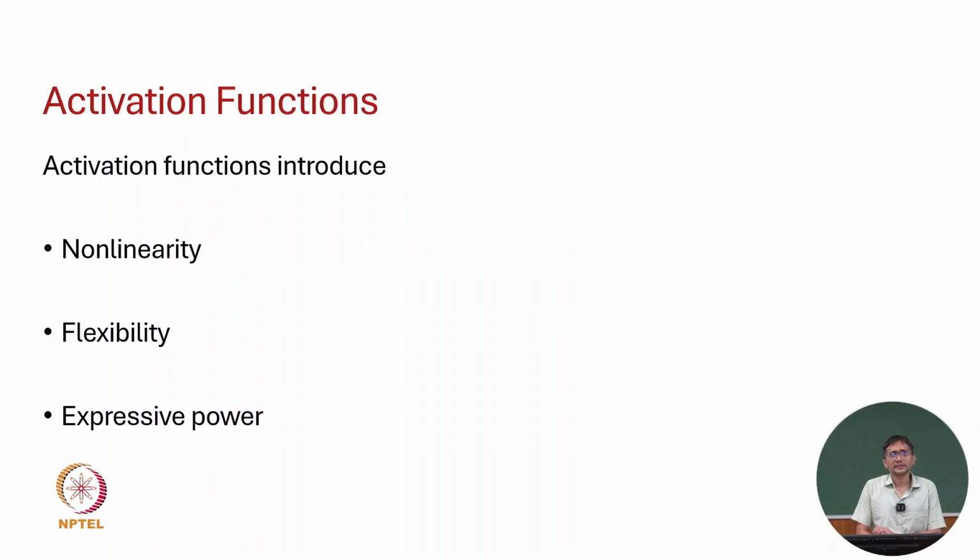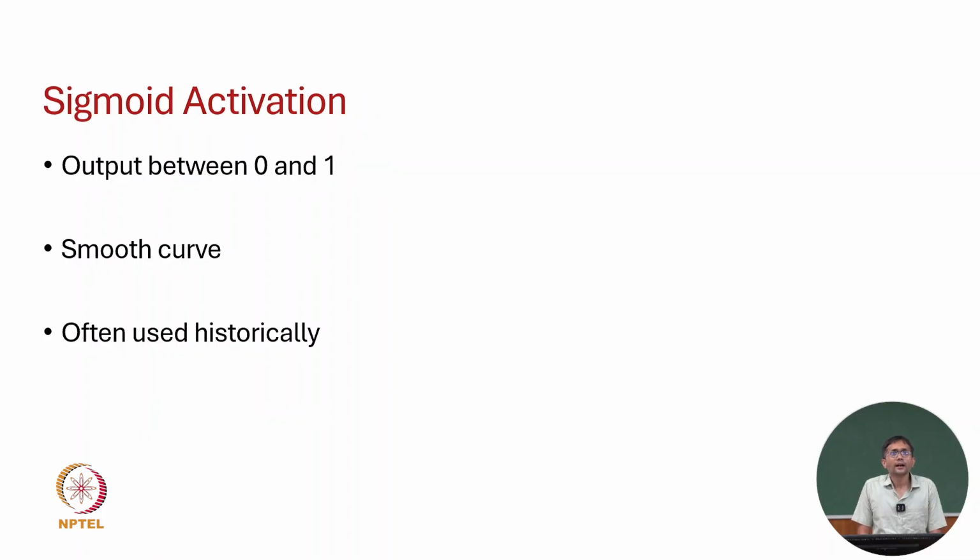Activation functions introduce nonlinearity, flexibility, and expressive power. I will just briefly mention this, and if you're interested, you can of course study on your own. But this will again come back when we talk about deep learning and CNNs.